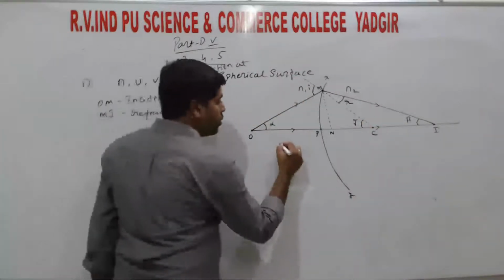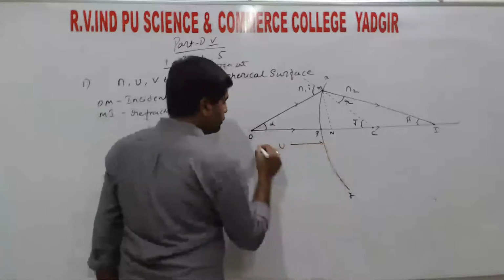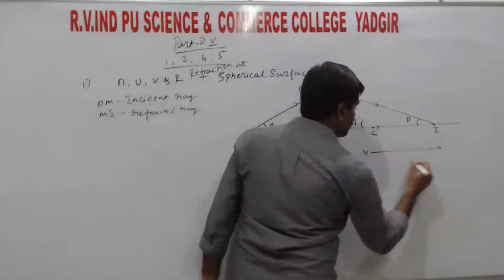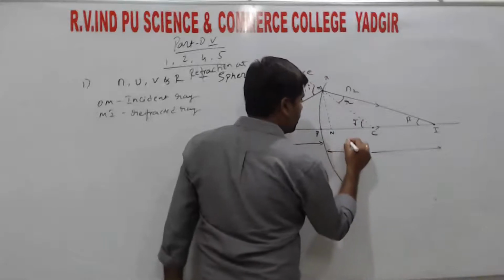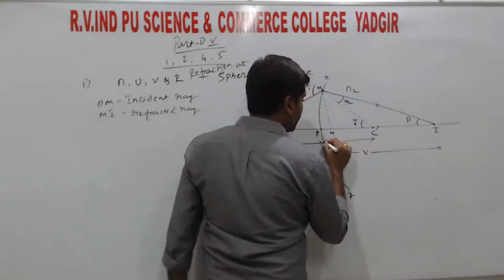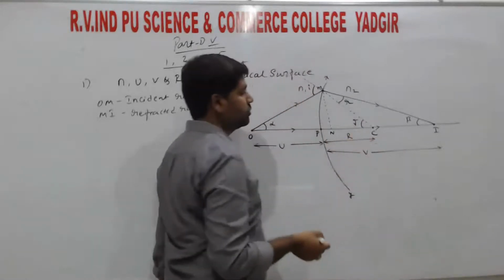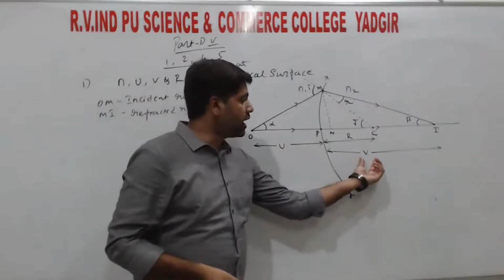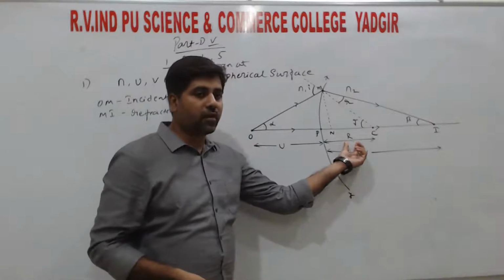U is the object distance, V is the image distance, and R is the radius of curvature.